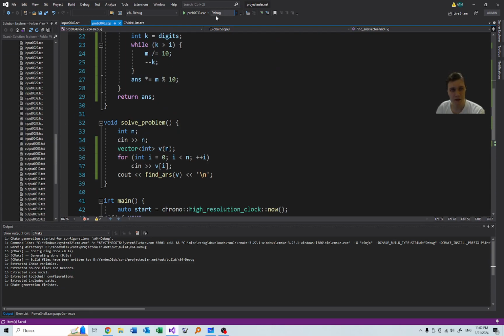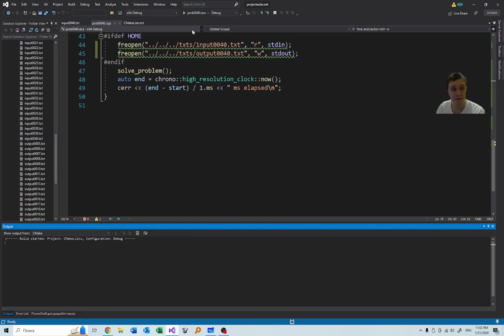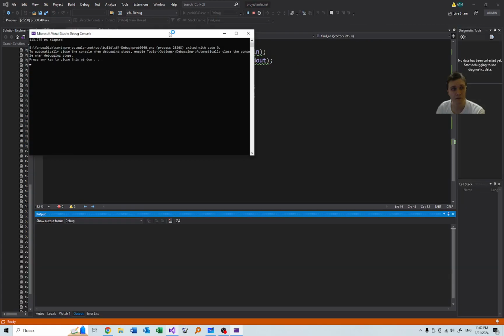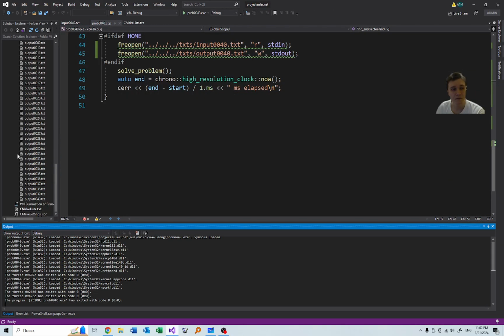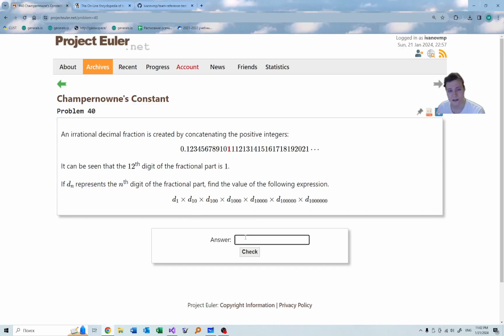Finally, we need to take 40th file here and 40th file here. That is 210. Okay, let's believe it. Why not?